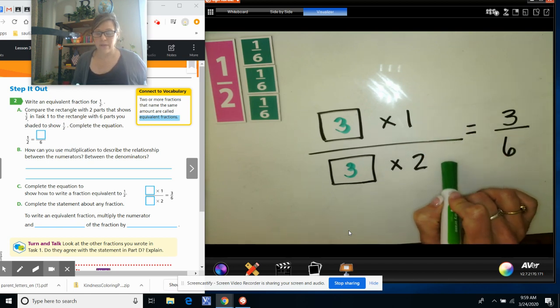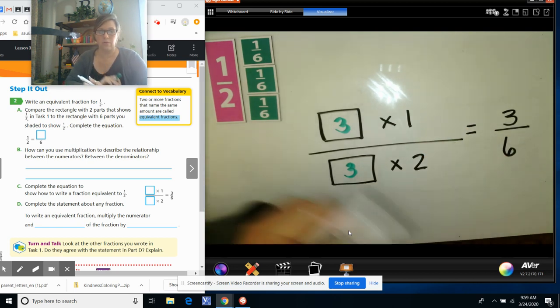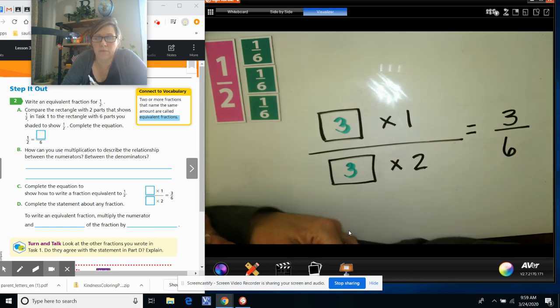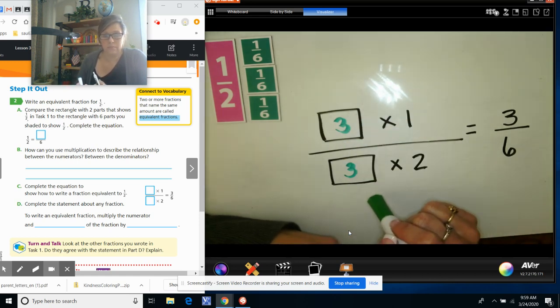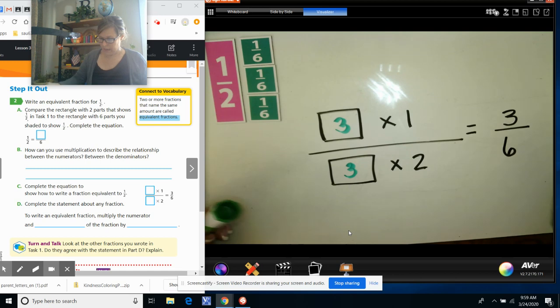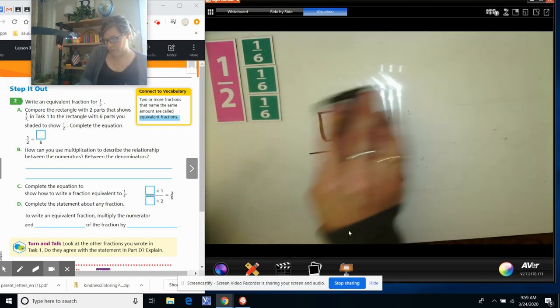Fill in that blank with what you think that is. To write an equivalent fraction, multiply the numerator and the denominator of the fraction by the same number. Okay, I'm going to show you a couple more examples before I close the video.